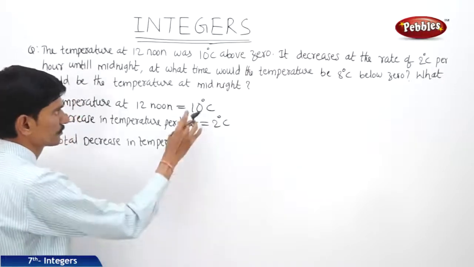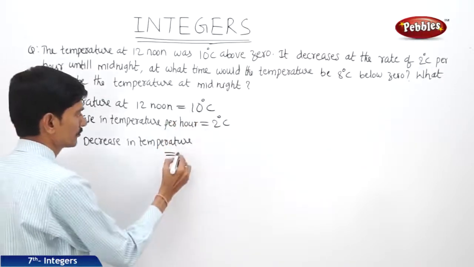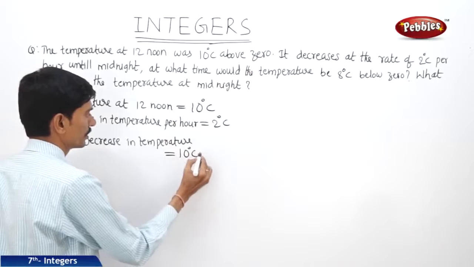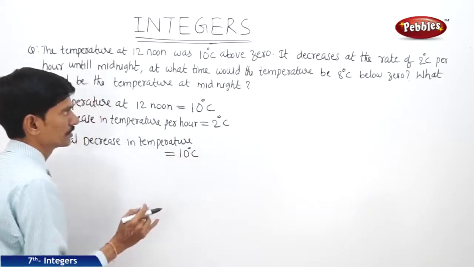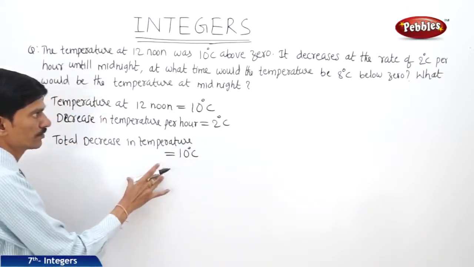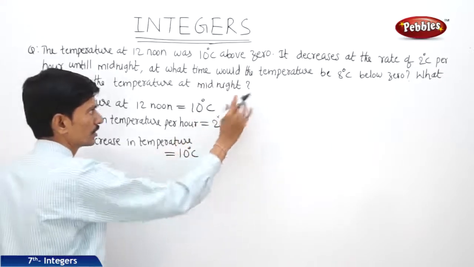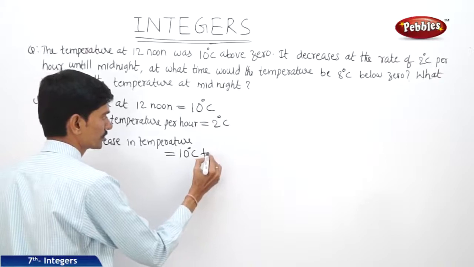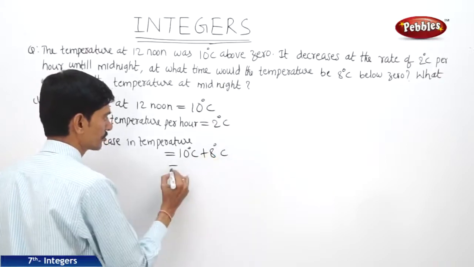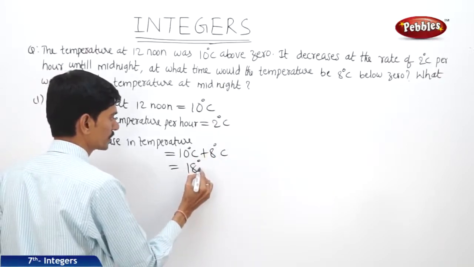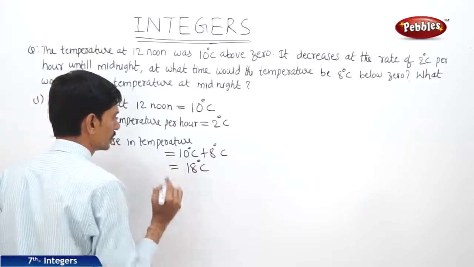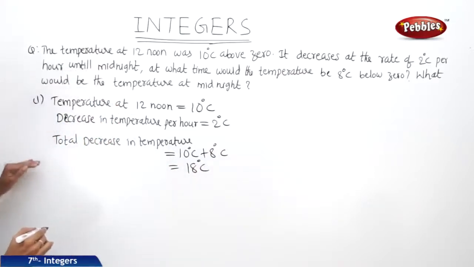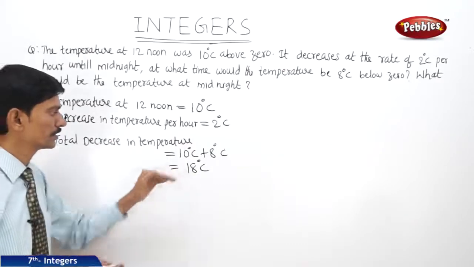First it was 10 degrees centigrade and it decreases by 2 degrees centigrade every hour, till it becomes 8 degrees centigrade below 0, so we take plus 8 degrees centigrade. So this equals 18 degrees centigrade. Now we should find out how much time is taken for the temperature to decrease by 18 degrees centigrade.